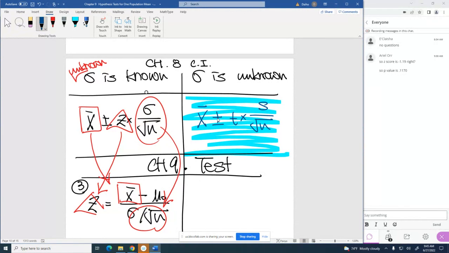We didn't know the population standard deviation, so we estimated it using the S, the sample standard deviation. Because of that, we got the t-score from the t-table. And it was another confidence interval for the unknown population mean.